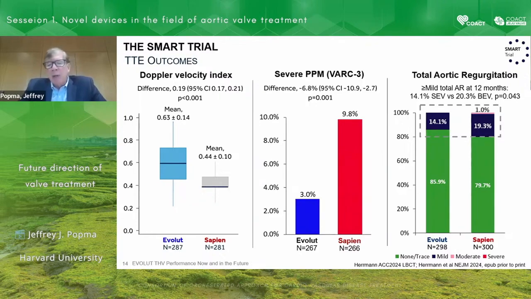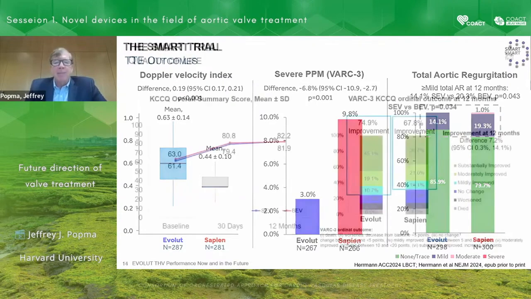And most importantly, we saw lower rates of total aortic regurgitation at 1 year with Evolut than SAPIEN. It was 19.3% for SAPIEN, which is a good number for the SAPIEN randomized trials, and it was 14.1% with Evolut, we believe because of better implantation technique, such as cusp overlap.